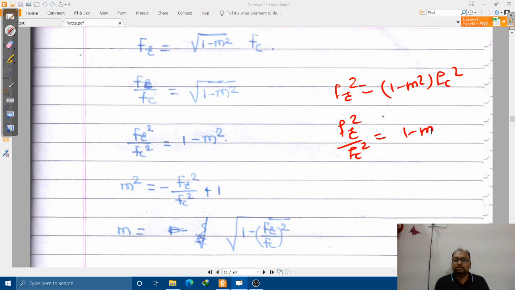Now let us take this term to the left hand side and transfer this M square to the other side. So M square is equal to 1 minus fr square, or we can write the square as a common bracket, and then finally M is under root of this.